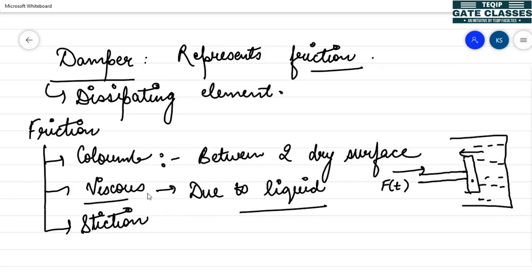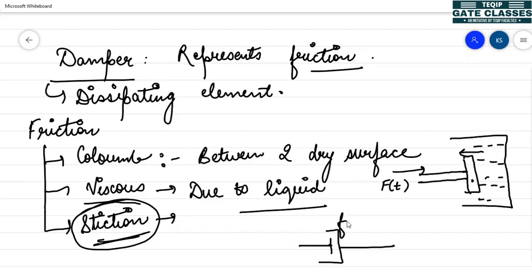So this friction is known as viscous friction, and static friction is between two contacting surfaces to initiate the motion. That is, if the system is at rest, and to initiate the motion, the friction which occurs at the rest is known as static friction.